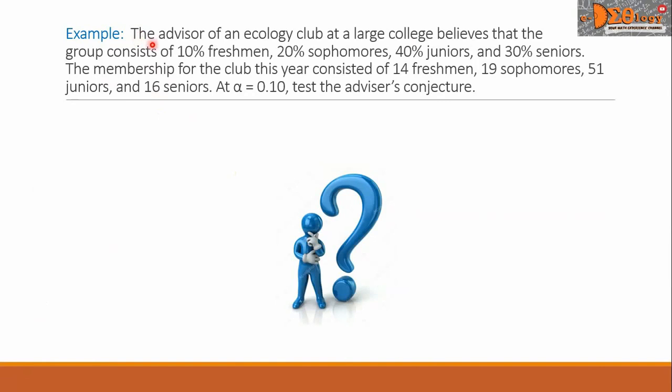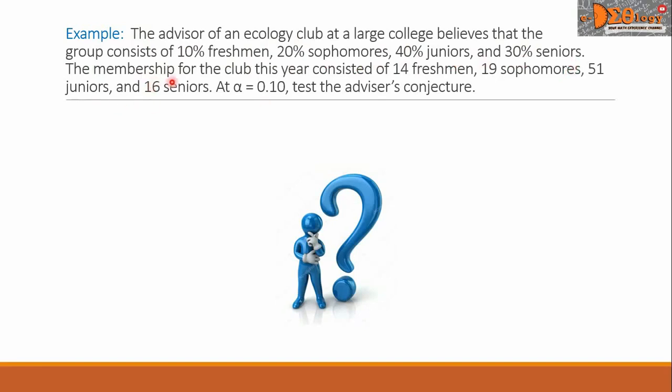Let us see this example. The advisor of an ecology club at a large college believes that the group consists of 10% freshmen, 20% sophomores, 40% juniors, and 30% seniors.